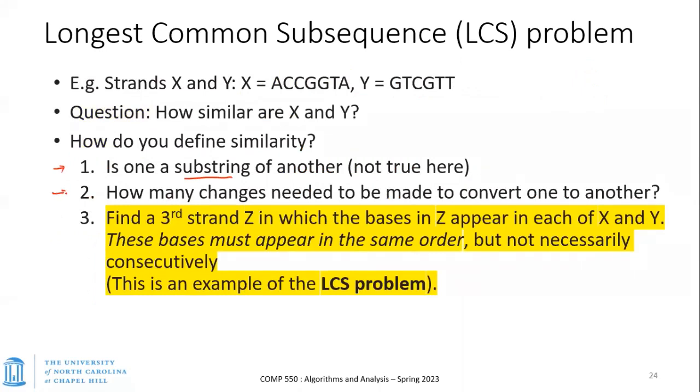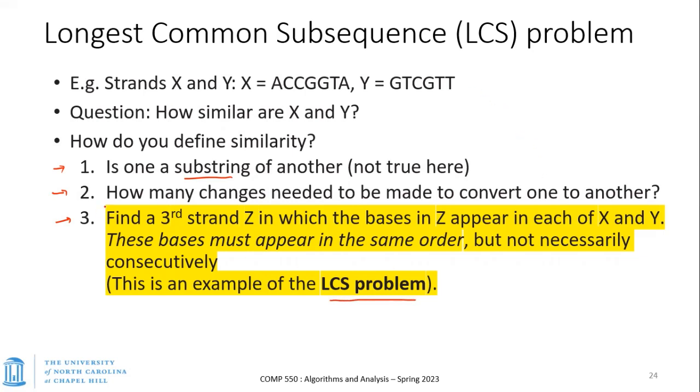The other way that you could define it is how many changes need to be made to convert one to the other. That is perhaps the first suggestion that came in. And the third suggestion, which is actually the most powerful, is an example of what we call the longest common subsequence.